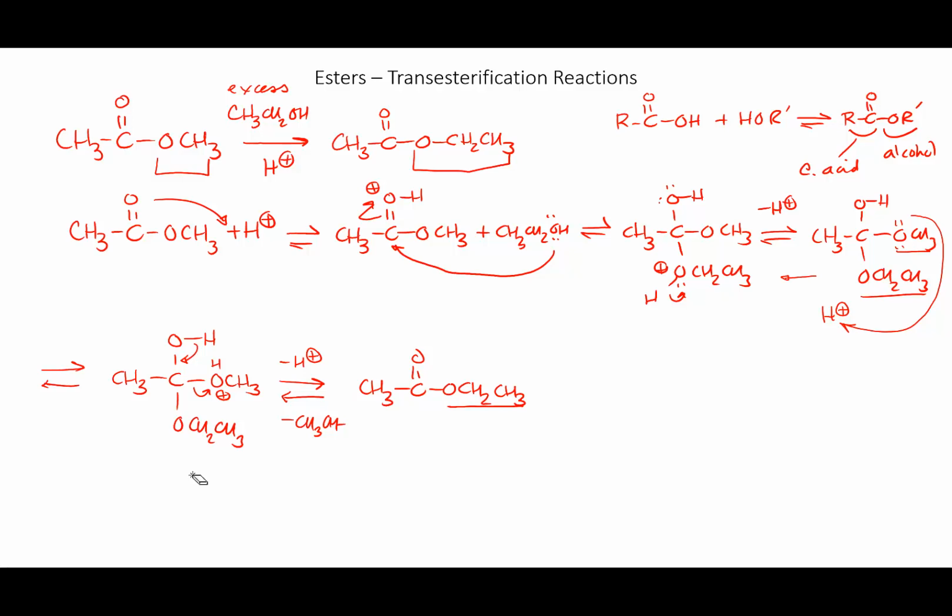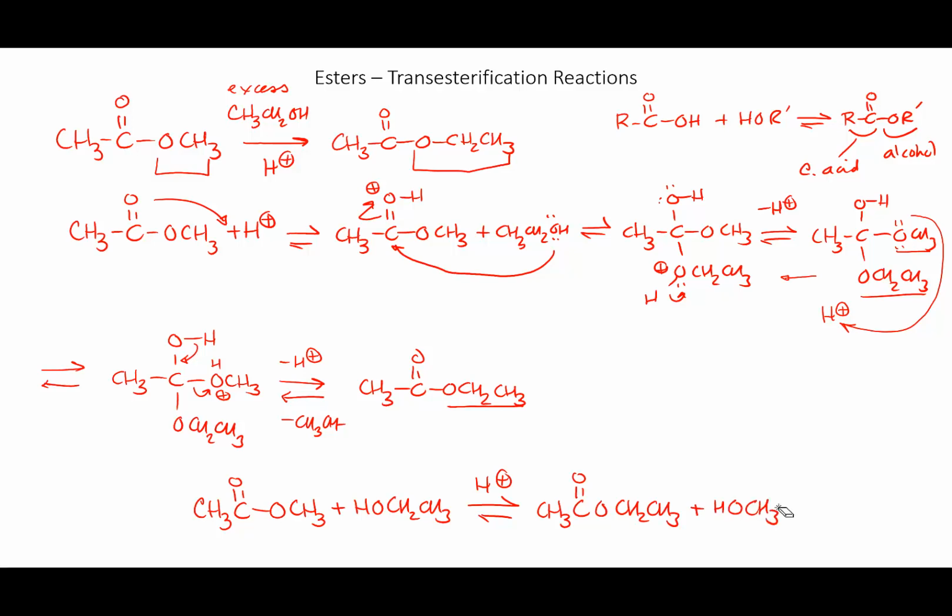Now notice all of these are equilibrium steps. What's going to push this equilibrium overall? Let me just rewrite that equilibrium. How am I going to replace the OCH3 with an OCH2CH3?